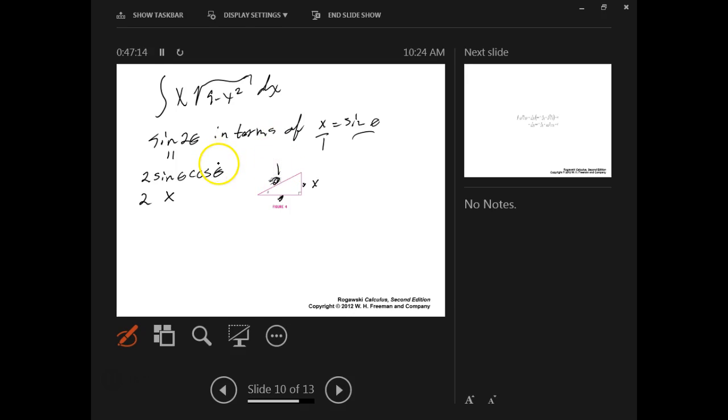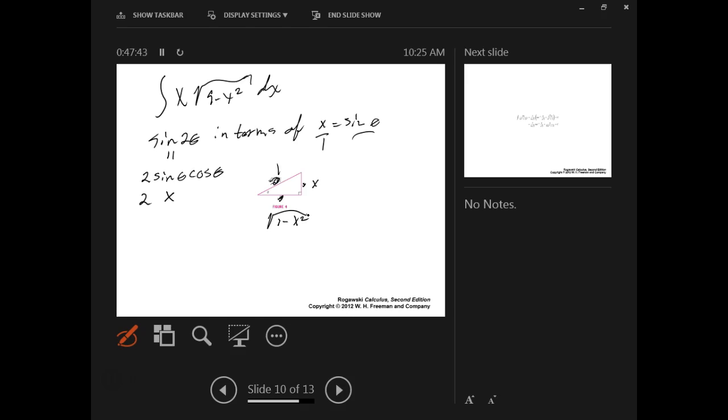That's hunky-dory. Oh, so close. 1 minus x squared, hypotenuse squared minus the adjacent squared. Okay, so now what can we do?